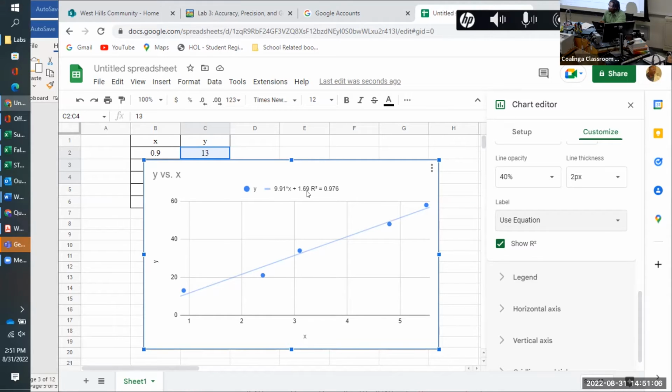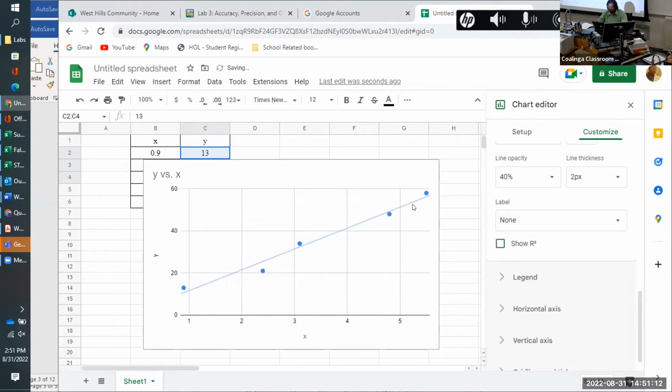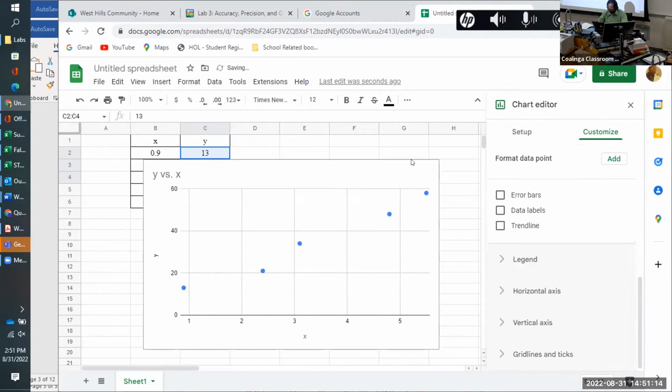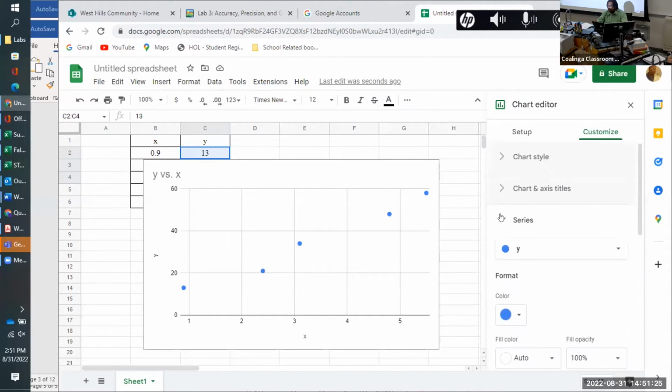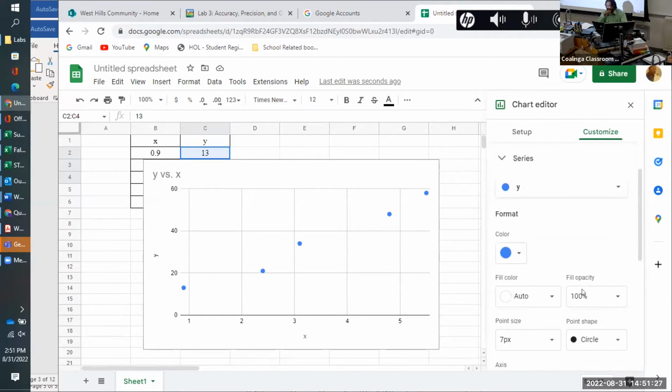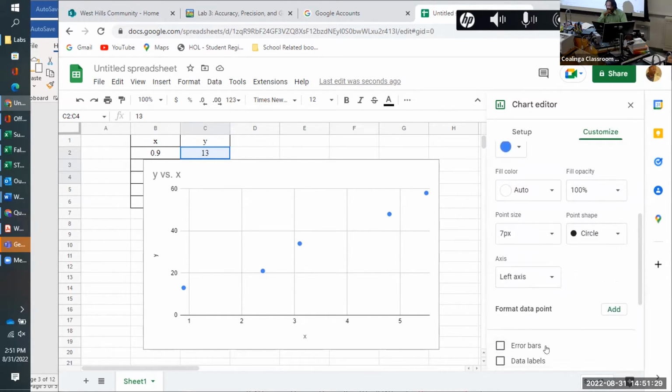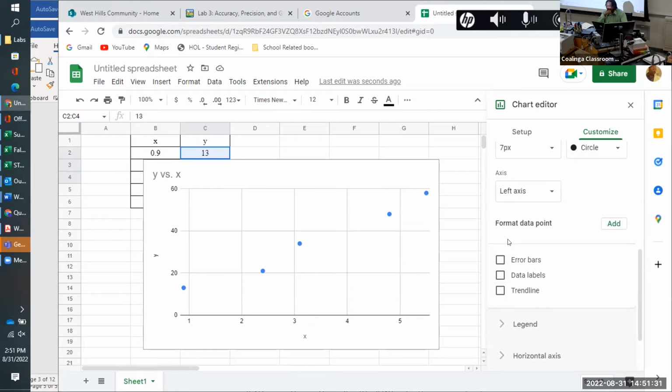Concerns? How'd you get the line? I missed that step. So if I go to customize, I go down to series. I open up the series, scroll down, and it says trend line. I select trend line.